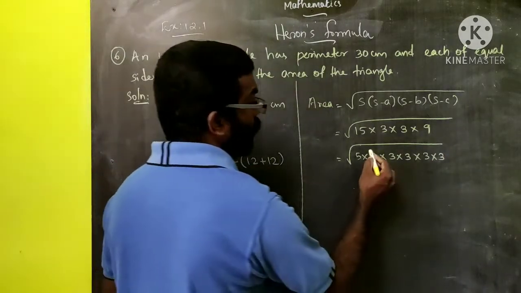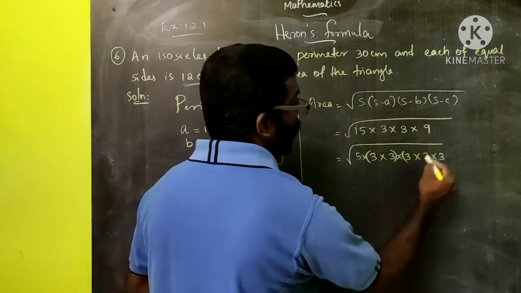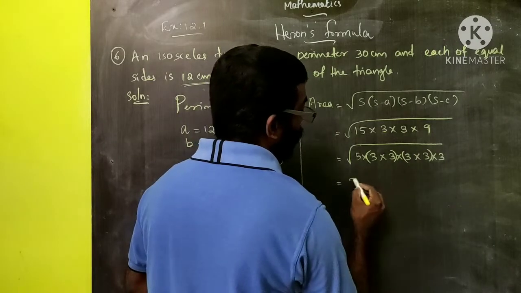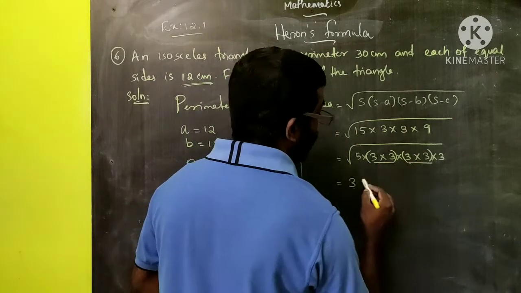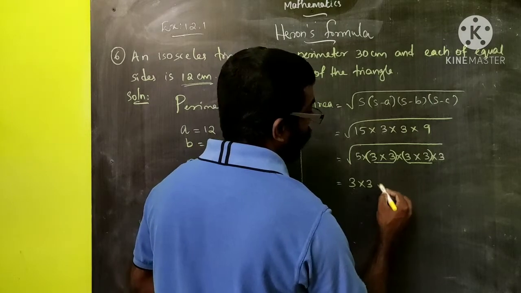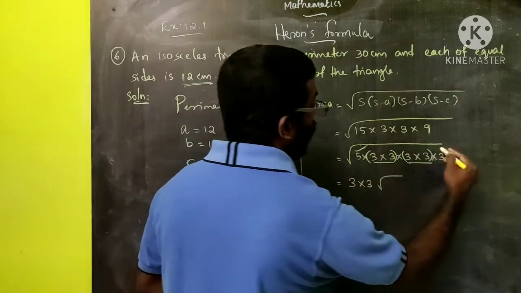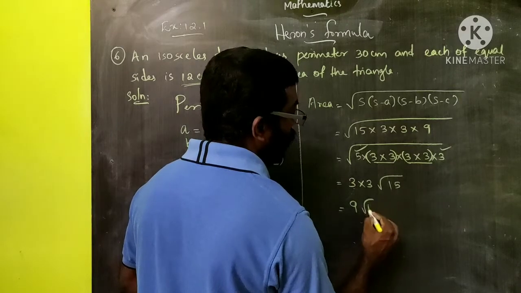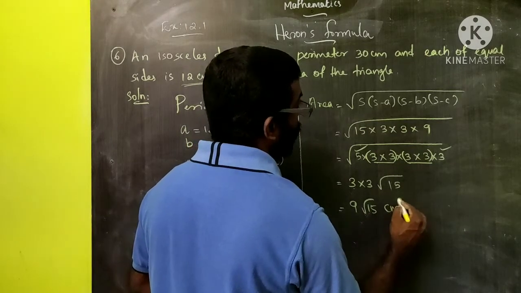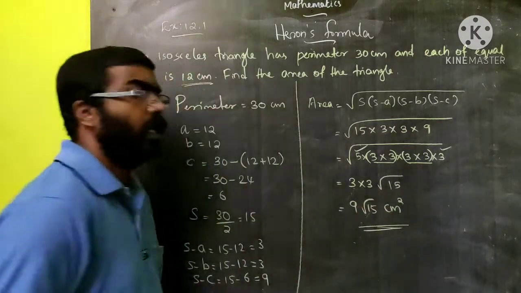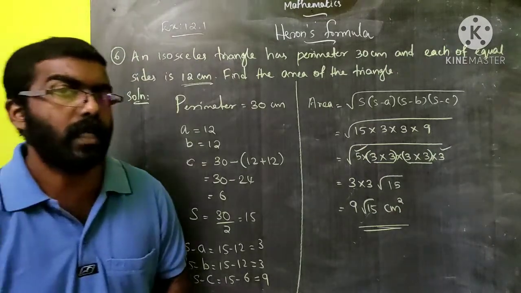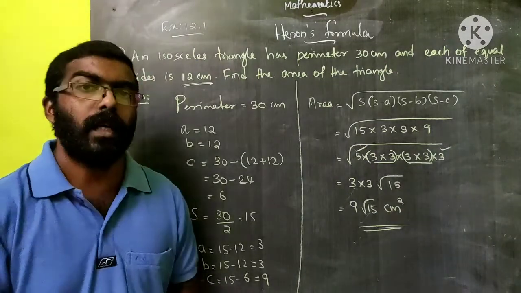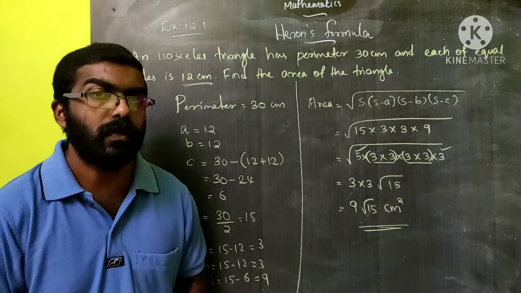Now we can group. 3, here also one 3 out, then into root of 5 and 3. 3 5s are 15. So 9 root 15 centimeter square. So our final answer, or the area of the triangle, is equal to 9 root 15 centimeter square.